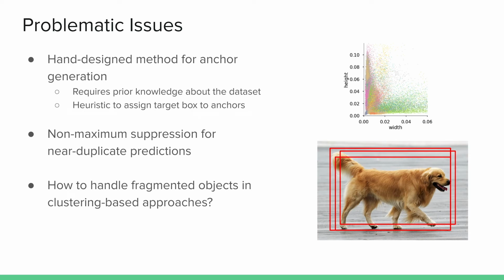The problem with both of these approaches is that many of them rely on hand-designed methods. For example, the anchor generation for Fast R-CNN requires a set of hyperparameters that we as developers have to specify. How big should these initial proposals be? What aspect ratio do they have?